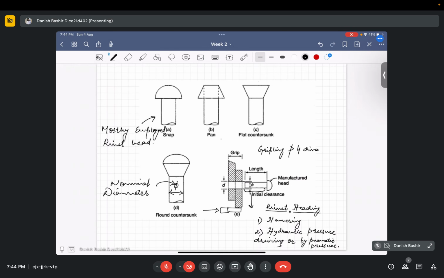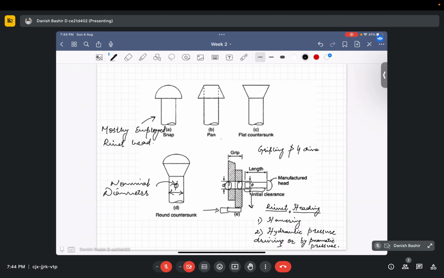So a hole slightly greater than the nominal diameter is drilled in the parts to be connected. This hole and this hole are slightly greater than the diameter of the shank, which is to be inserted into it. The rivet is inserted and the head is formed on the other side. I already told you, this complete process is known as riveting.